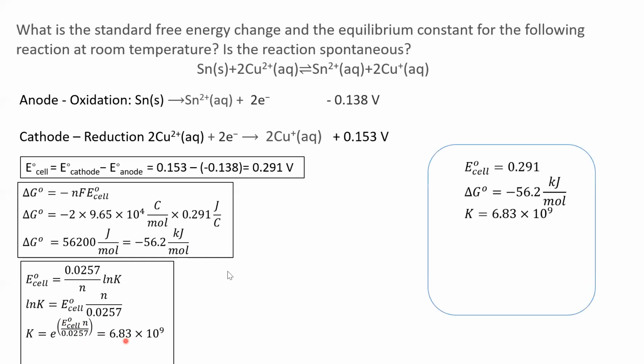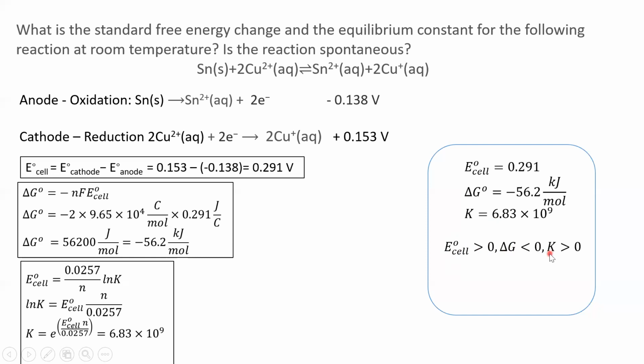All right, so to look at the numbers, E is 0.291, delta G is negative 56.2, and K is 6.83 times 10 to the 9th. Okay, that means E is greater than 0. Delta G is less than 0.